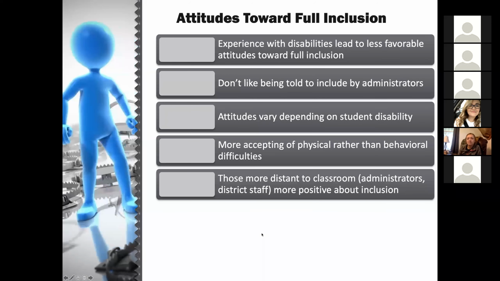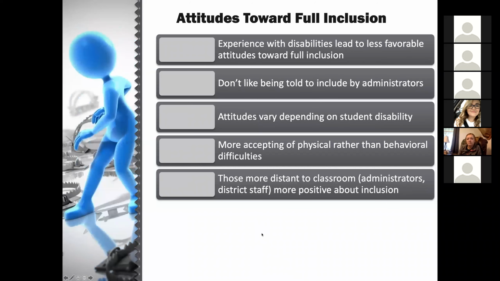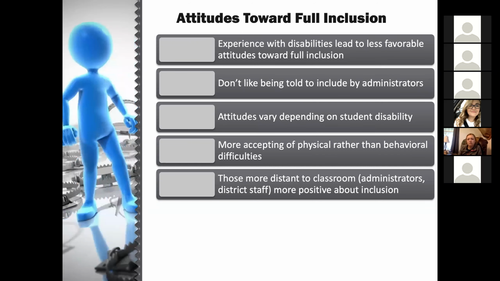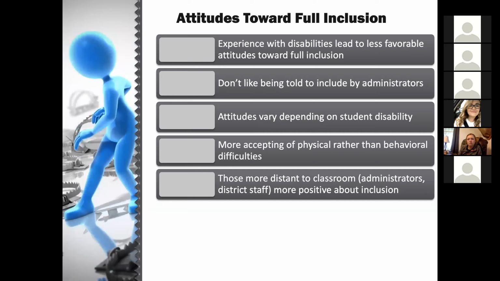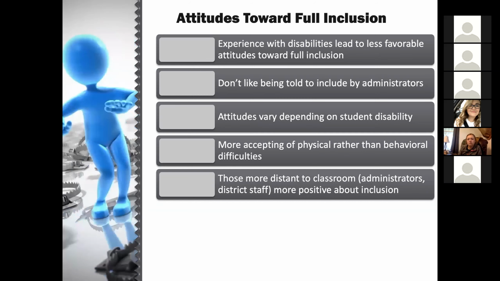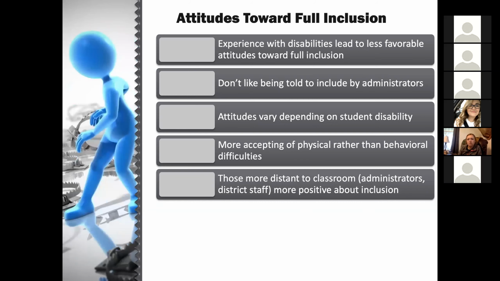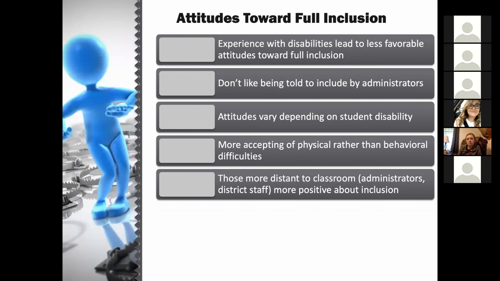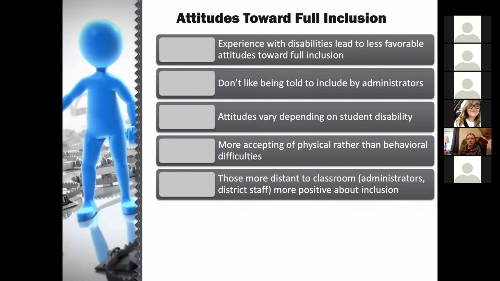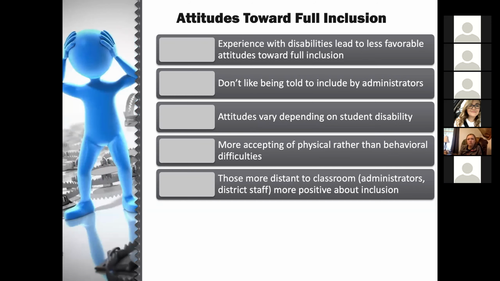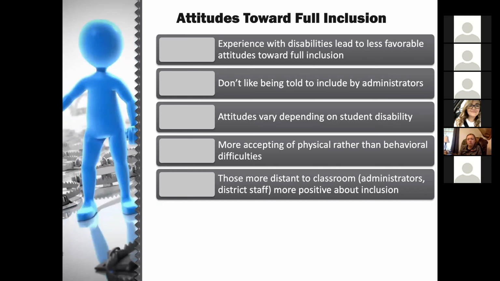When we take a look at who likes to implement inclusion, the ones who are implementing it don't like it quite as much as the ones who aren't doing it, like administrators. And yes, we want to include children of a certain disability. Well, what about emotionally disturbed, behavior disordered children?